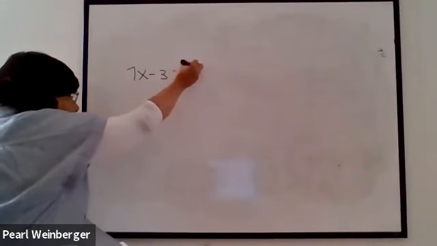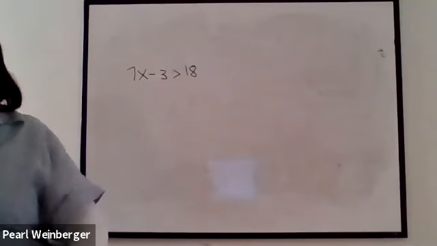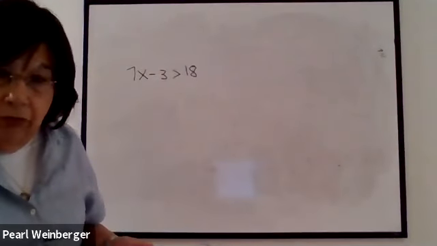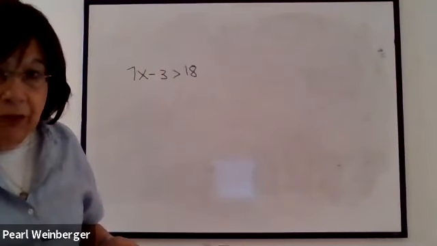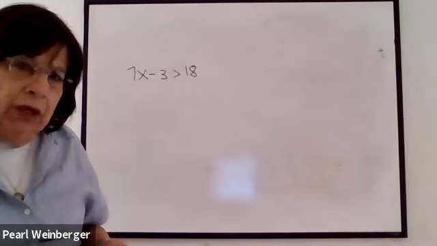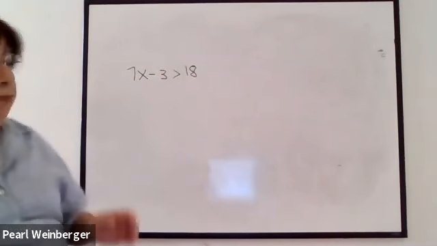Here is an inequality that we want to solve. Now, just like when we solve an equation, we want to get the x alone. The same thing is going to be with an inequality. In other words, the steps of solving an inequality are almost identical to the steps of solving an equation.